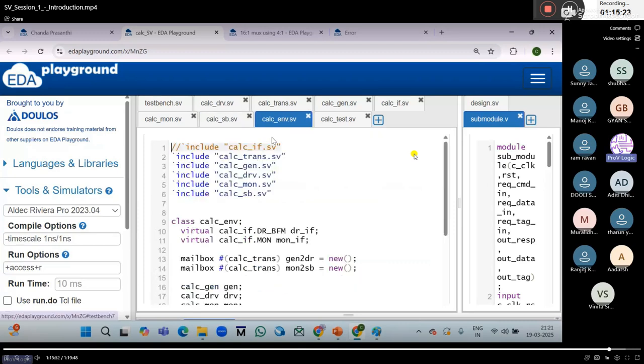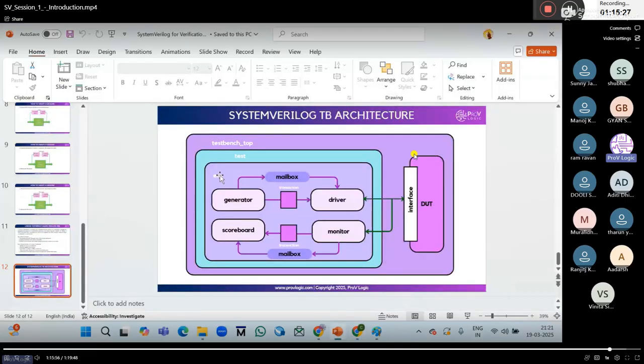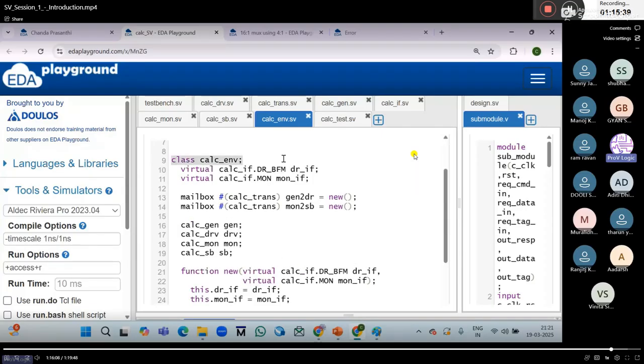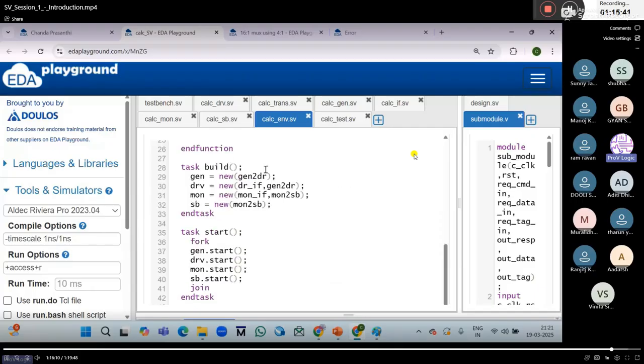Next, environment. In the environment, this is the top level: generator, driver, monitor, scoreboard, transaction, interface, all submodules are connected at the top level. So we include all the submodules here and create the class environment, then create all the subtasks and run the subtasks from the environment. And what is the top level module?